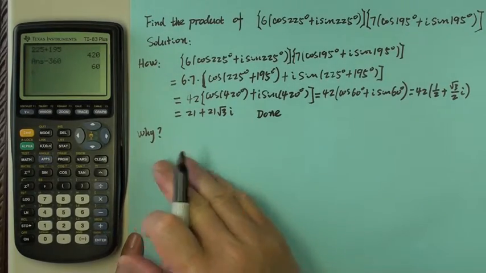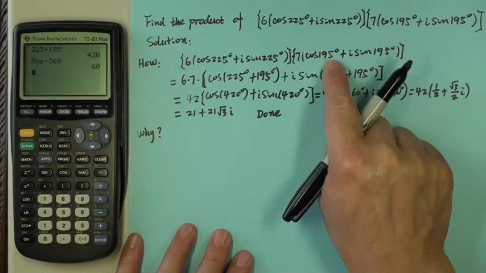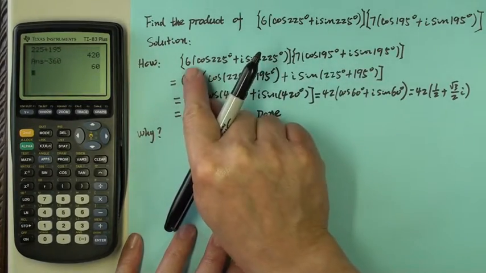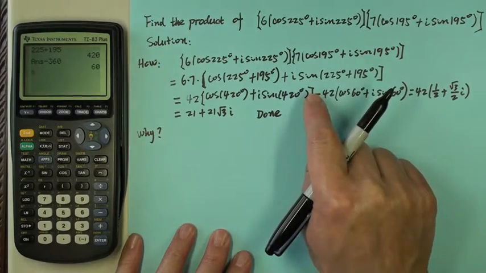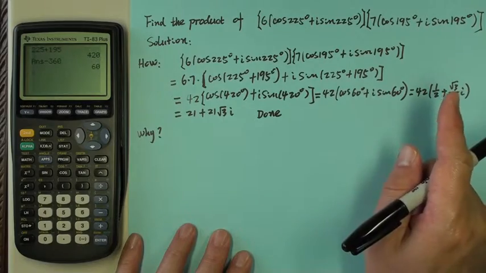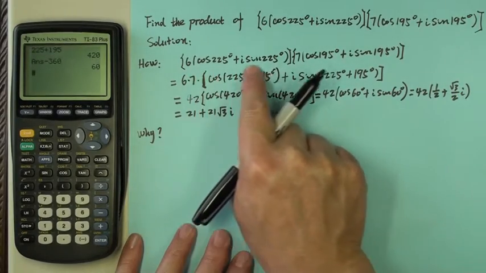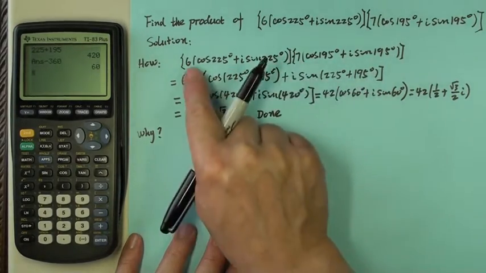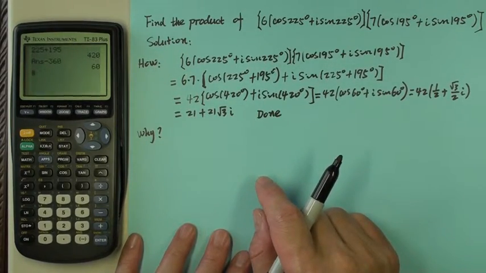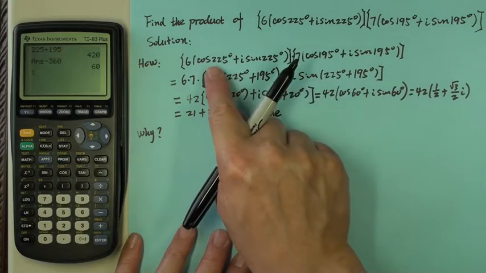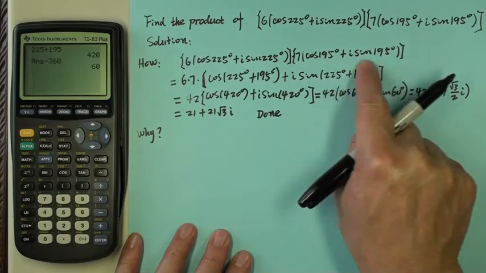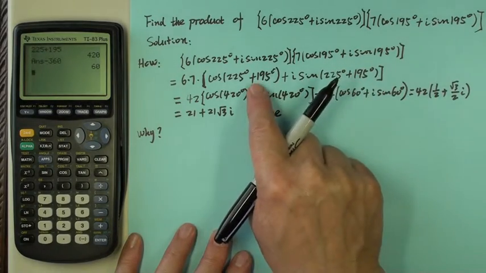But here is why we add 195 with 225, and we multiply 6 and 7. 6 times 7, that's not a problem, because 6 times this quantity times another one, you can do 6 times 7 first. So here we only want to explain why, when this complex number times this complex number, we end up with adding.